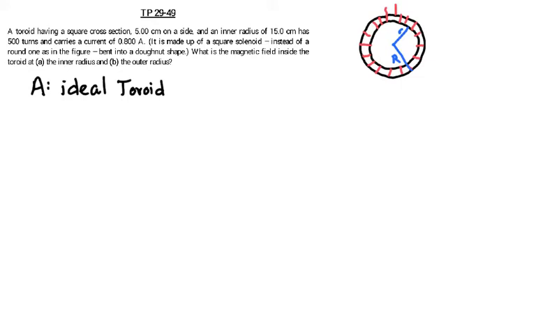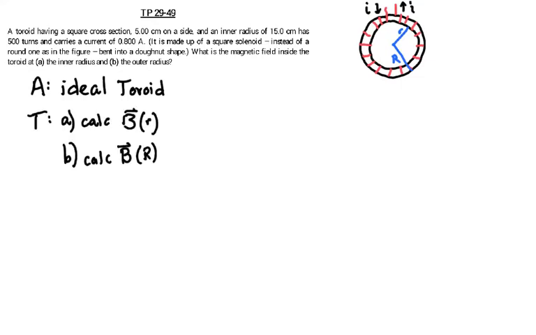Now, as we move on to our task step, our first task is to calculate the magnetic field at the inner radius of our toroid, and our second task is to calculate the magnetic field at the outer radius. Notice that it doesn't specifically say calculate the magnitude of the magnetic field, just the magnetic field.